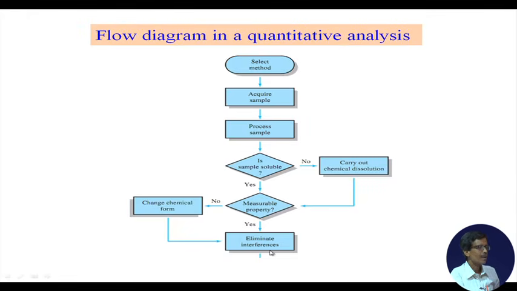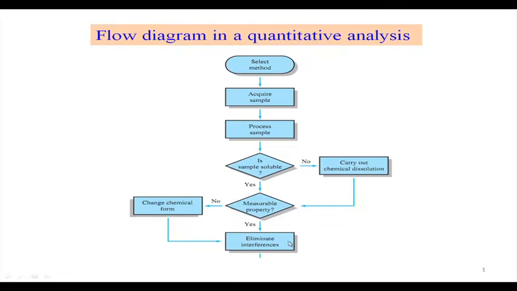If it is yes, then we can eliminate the interferences. What is that? Nickel ions, Ni2+, can interact with the DMG, giving rise to the corresponding colored complex, which we can measure. But if some other metal ions are also present, we all know that the steel sample can have other metal ions. It can have chromium or any other metal ion.